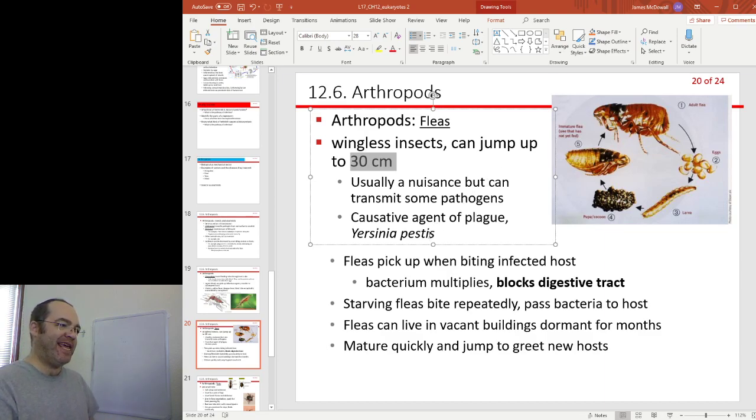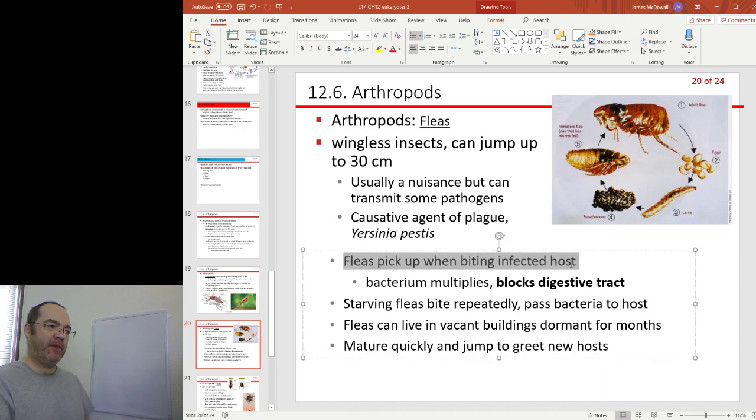So, the plague, Yersinia pestis. Fleas are a vital component of spreading plague. The fleas pick up the bacteria when they bite an infected host, maybe that reservoir of groundhogs. And the bacteria has a clever mechanism.